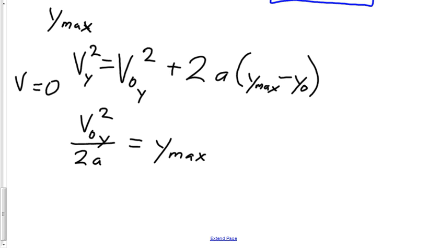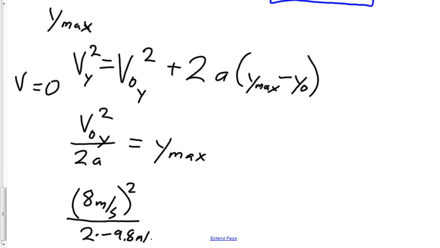And since the vertical initial velocity was 8 meters per second, and that's going to get squared over 2 times a negative 9.8 meters per second squared, that's going to equal my y max, and that in turn will give me a value of, excuse me, not 3,000, 3.265.